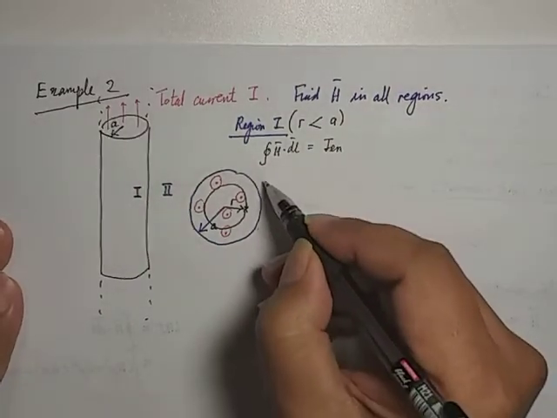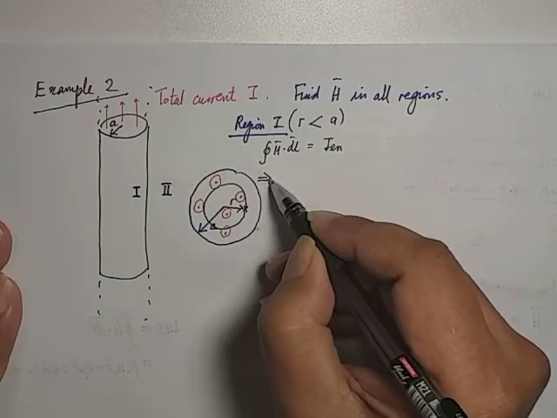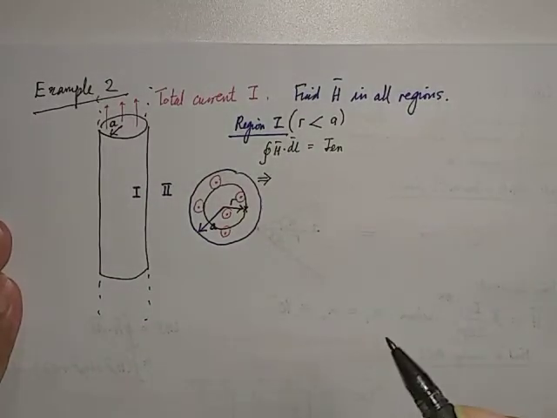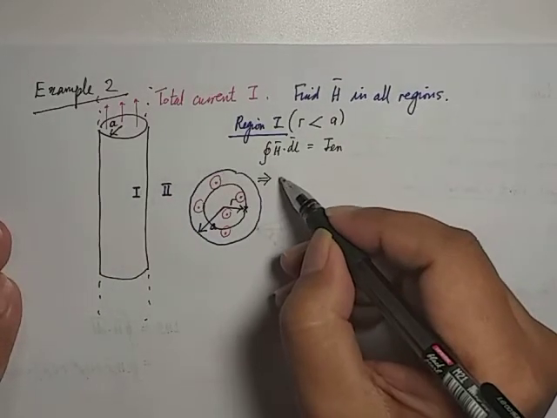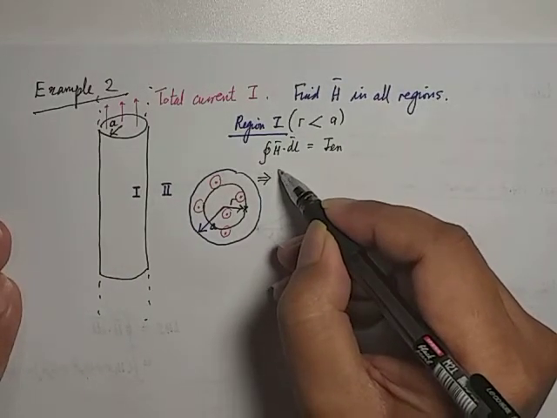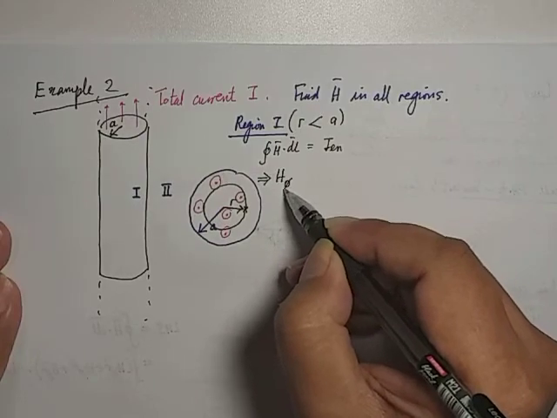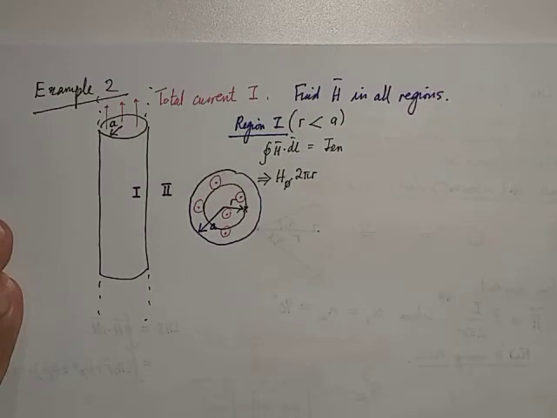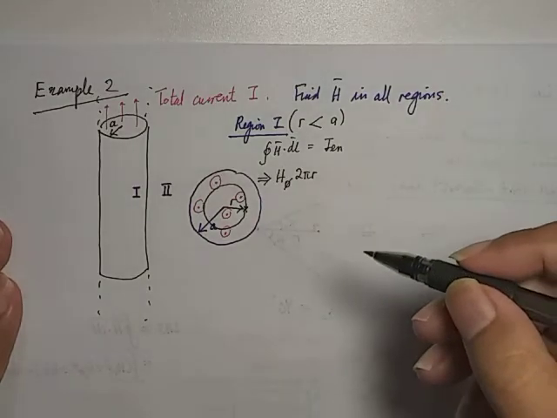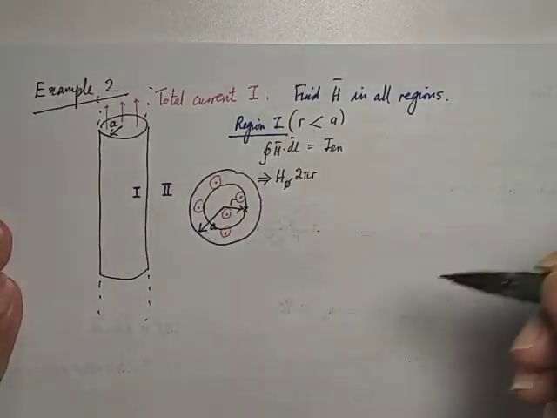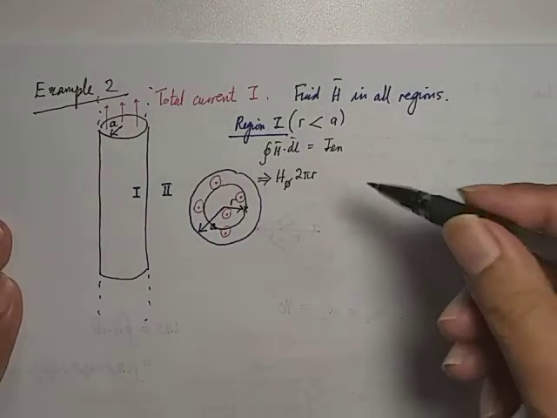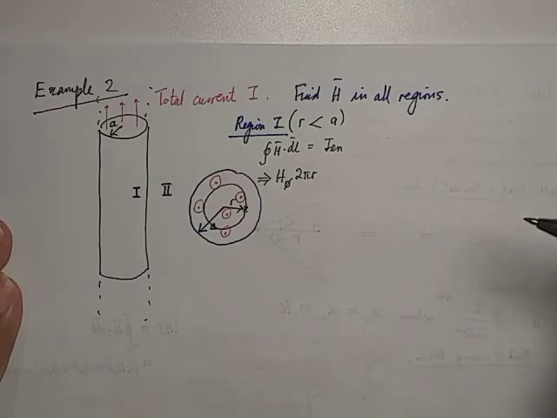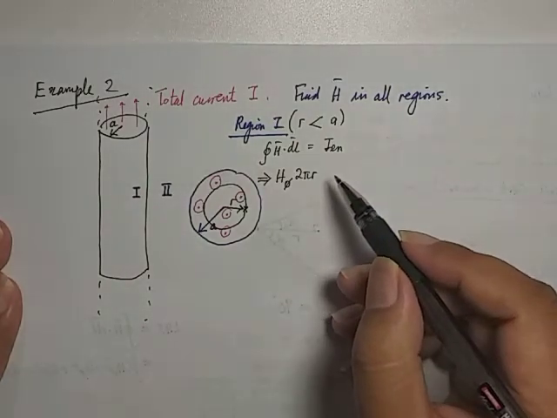Since we have done this mathematics before, we can use the previous solution, whereby the left-hand side is going to be H phi multiplied by 2 pi R. It's similar to the one we did before, so I'm not going to redo it. In your test or final exam, just state that equation, well understood. Now I'm going to focus on my I enclosed.